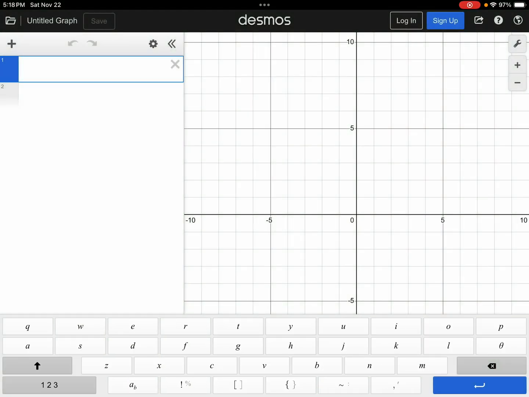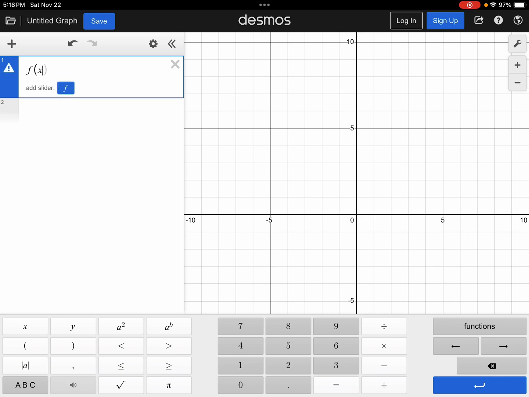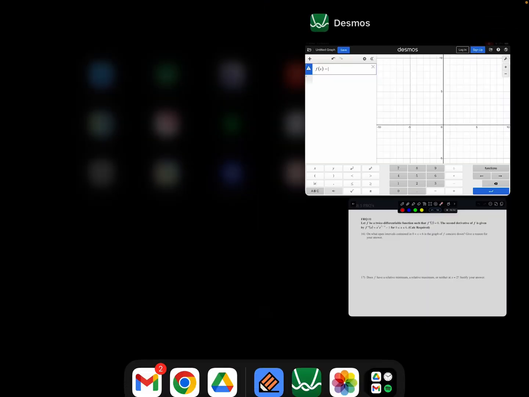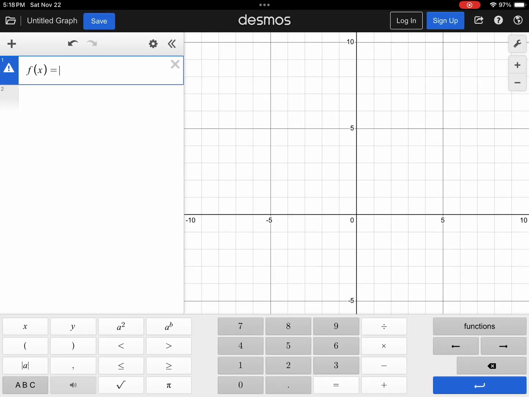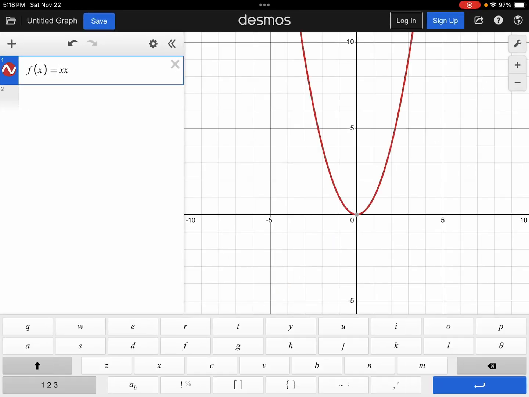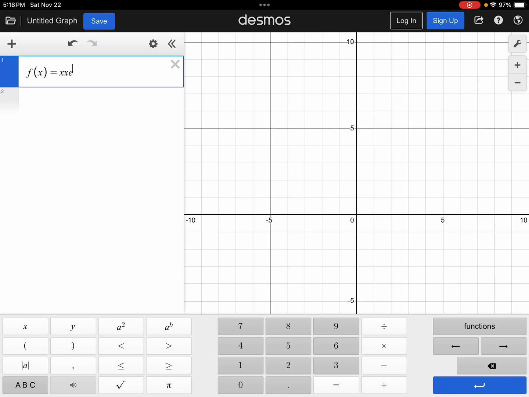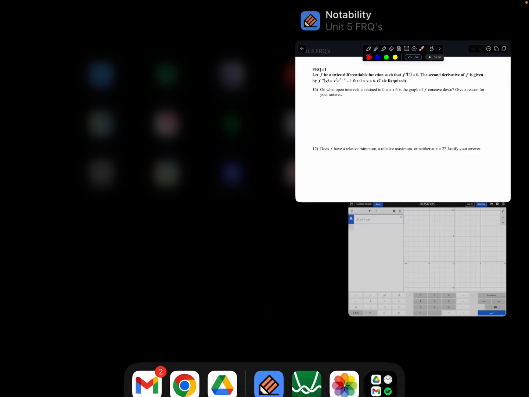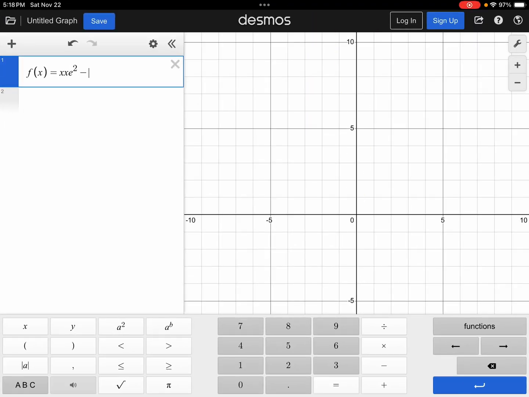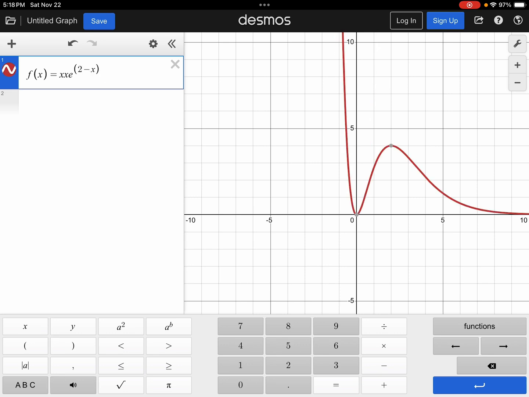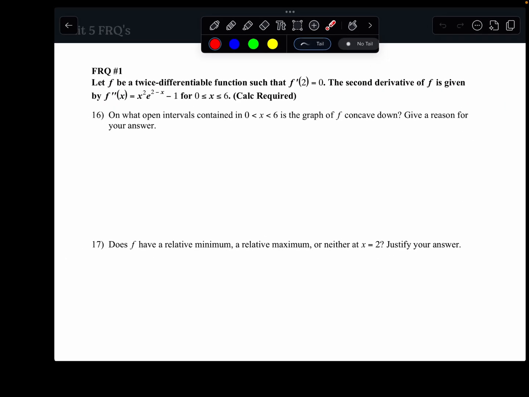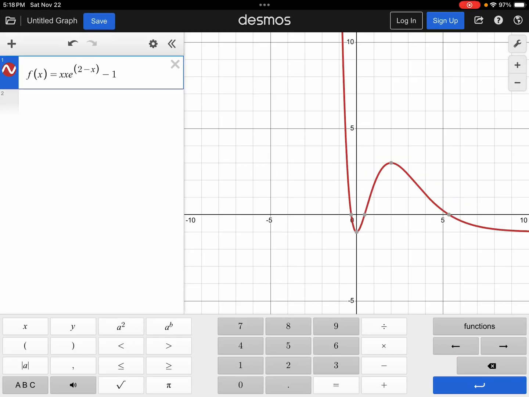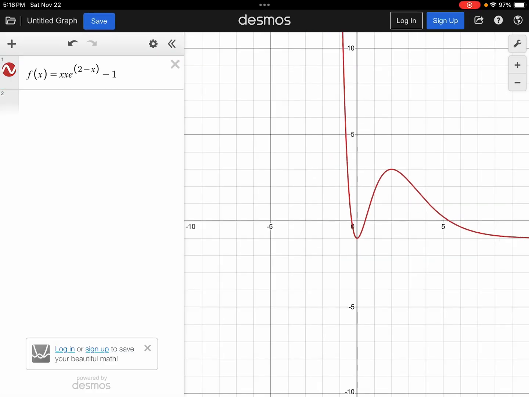So we're just going to graph this as f of x, and that's going to be equal to x squared times e raised to the (2 minus x), and I need to put that in parentheses, then minus 1. Okay, so this is the second derivative.